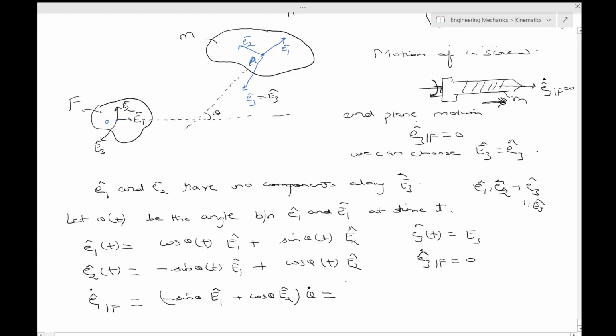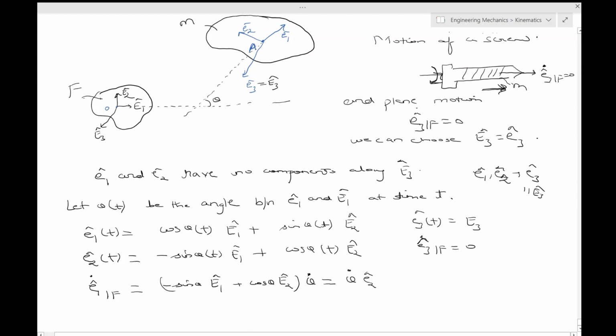Then you have theta dot as E2. How do we know this? Well, this particular thing is equal to E2. That's why we have written it like this. So I'll just rub it out, and similarly I will now write E2 dot with respect to the frame F.